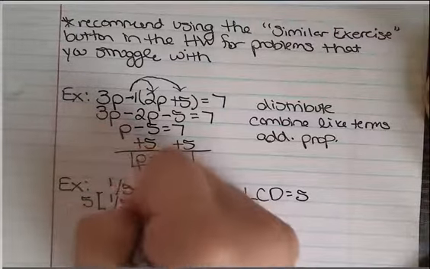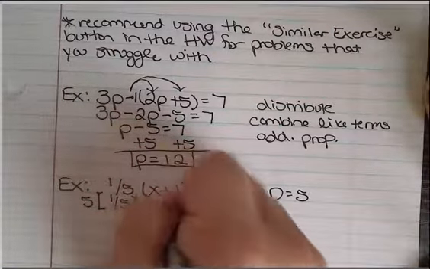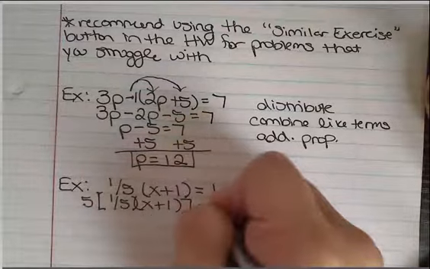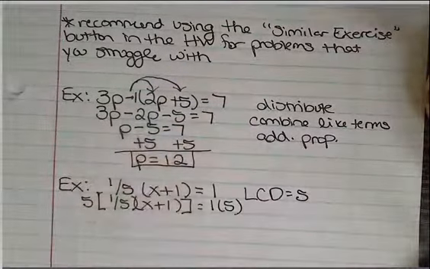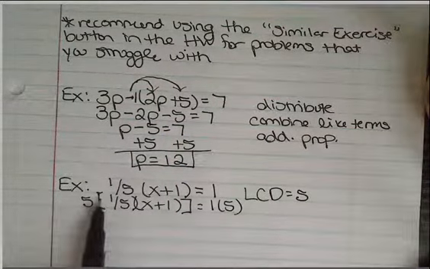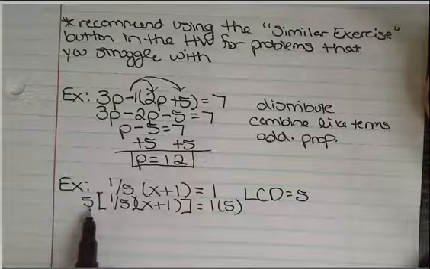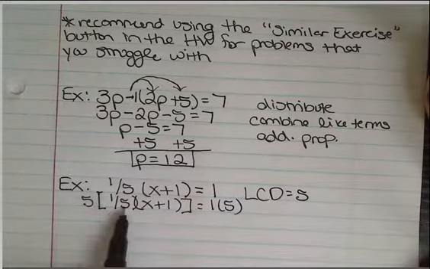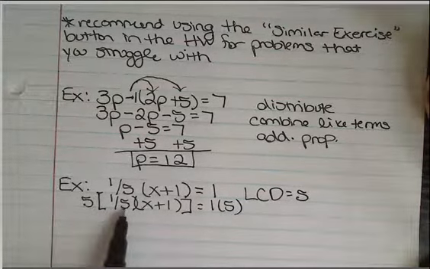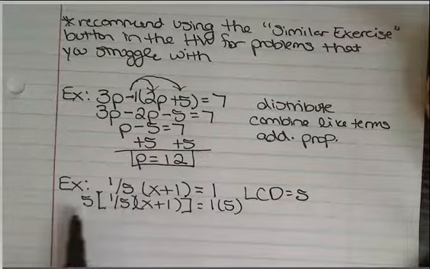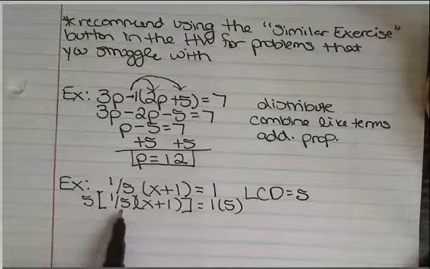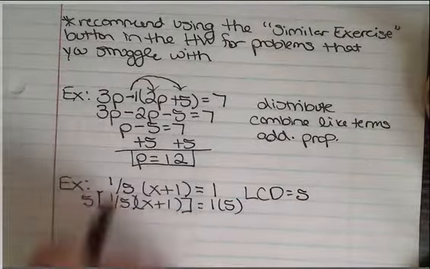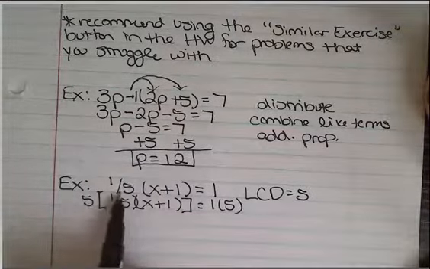The whole point of doing this, multiplying by the LCD, is to get rid of this fraction, because fractions just make things more complicated. So if we can get rid of the fraction early on, it's going to simplify the problem. 5 times the 1 over 5 is going to be 1, and since this is multiplying everything inside that parentheses, we don't have to worry about distributing that 5 into anything else.